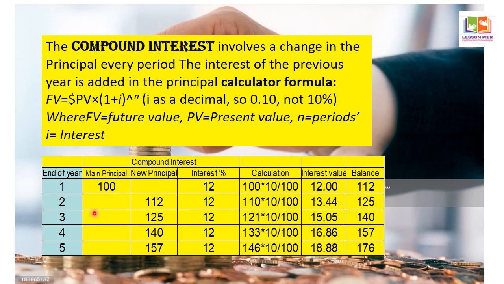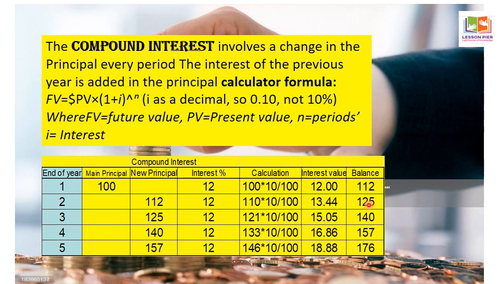In the second year, the first year's value becomes the new principal, and this 12% is charged on this new principal. So our value becomes 125 along with the interest and everything.